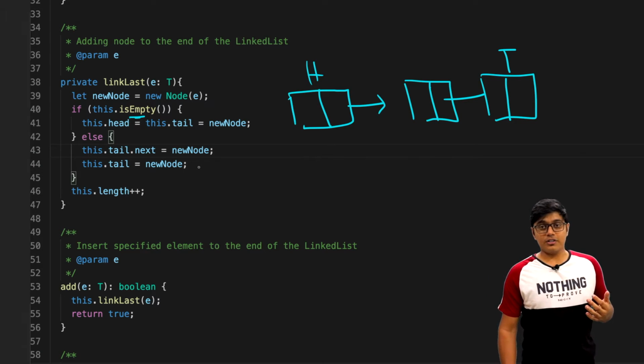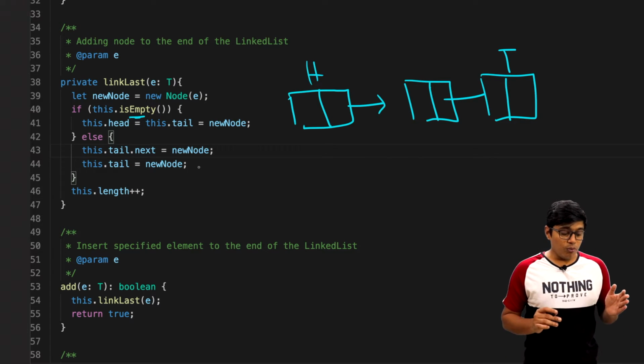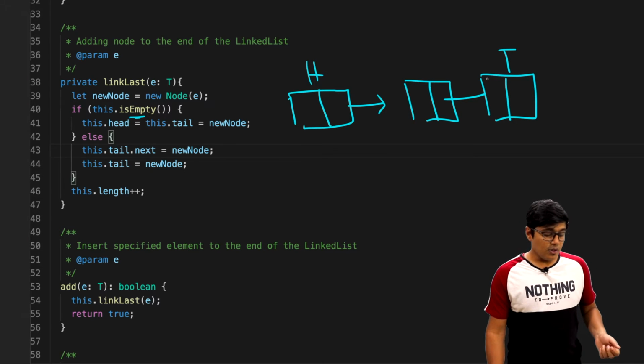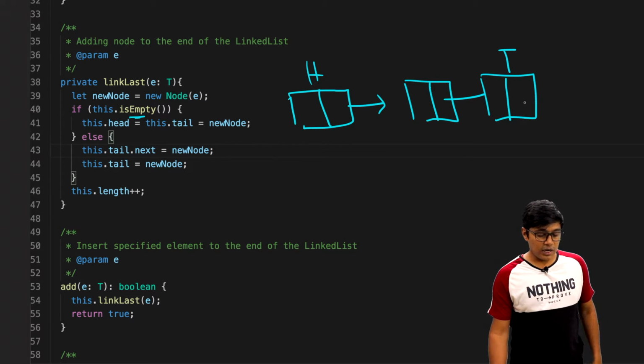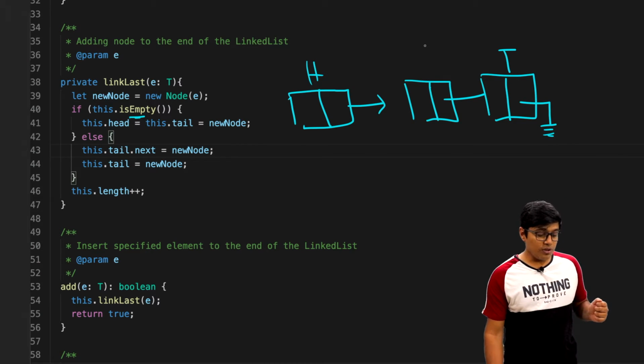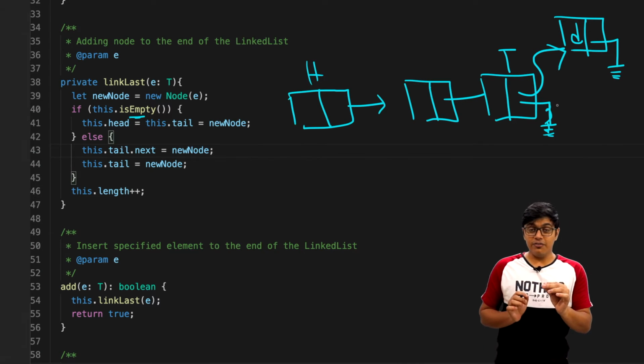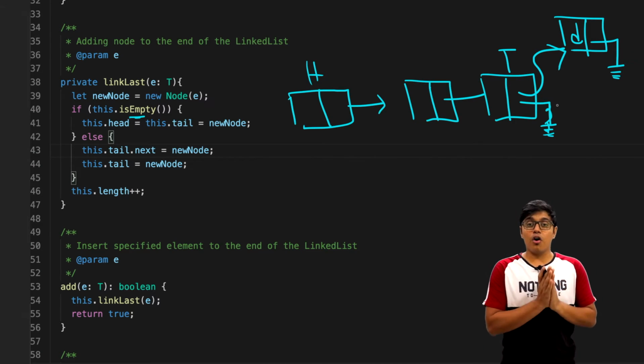If it's not, then as you already have the tail here, and the tail by default will be null, we create the new node with some data, point the tail directly to the new node, and point this to null. So this is the benefit of having a tail on a linked list.